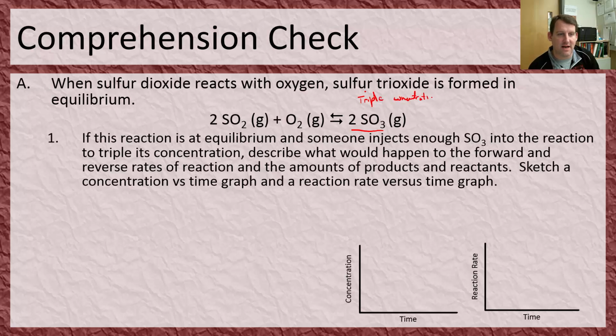I want you to discuss with your group, and in your lab notebook, write an answer to this. Explain what would happen if we tripled the concentration of SO3 in terms of the forward and reverse reaction rates and the amounts of products and reactants.